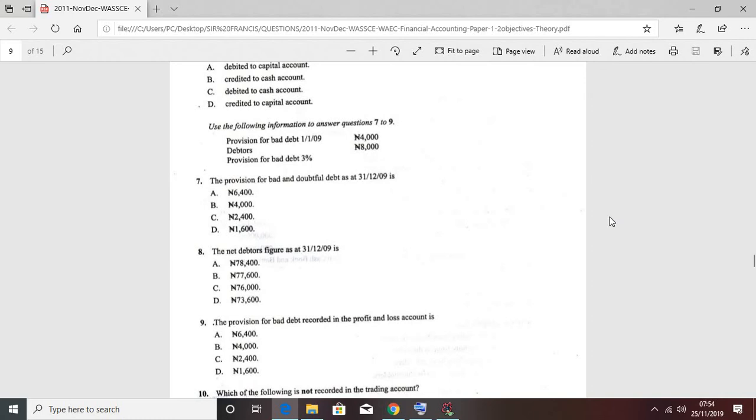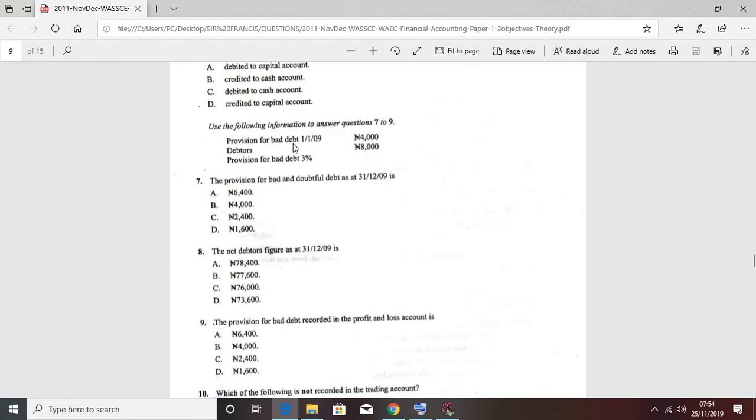The question says, use the following information to answer question number 7 to 9. So we have to use this information, as you can see from the question, to answer question 7, question 8, question 9. And it has to do with some workings. Okay, let's see how we can do that.